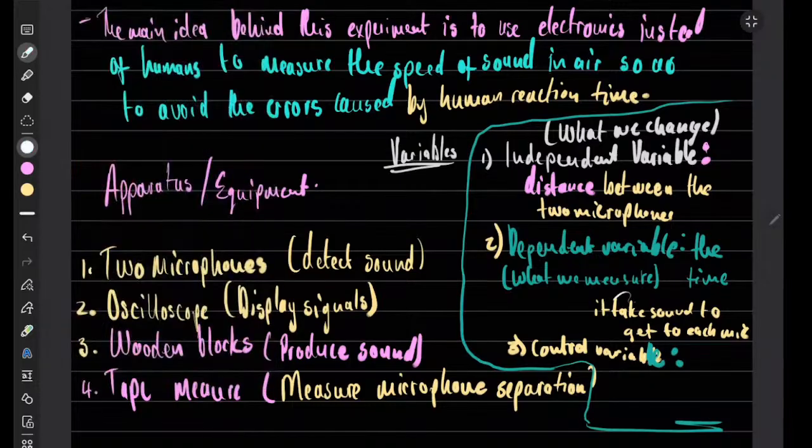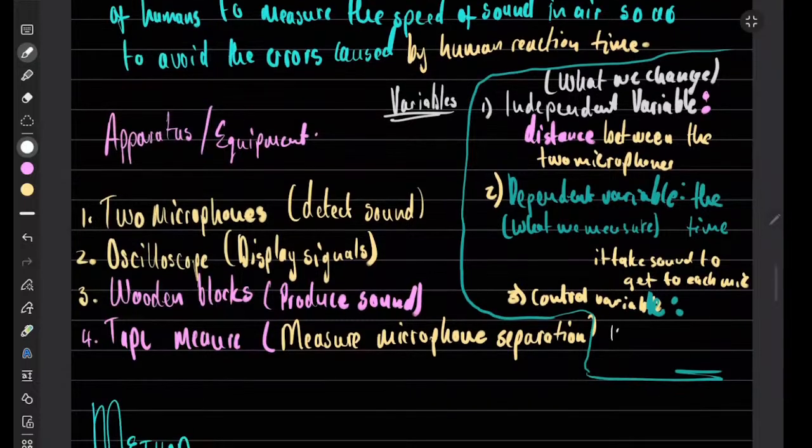The control variable for this will be the location of the experiment, and the microphones. Don't change the microphones. Use the same microphones, please. You can affect things if you change the microphones.